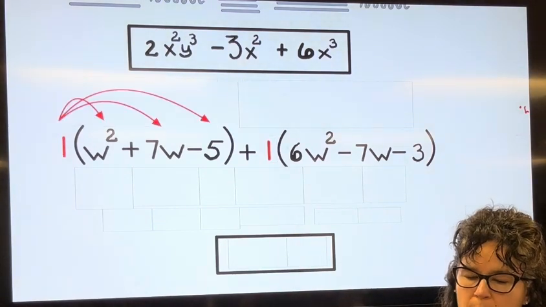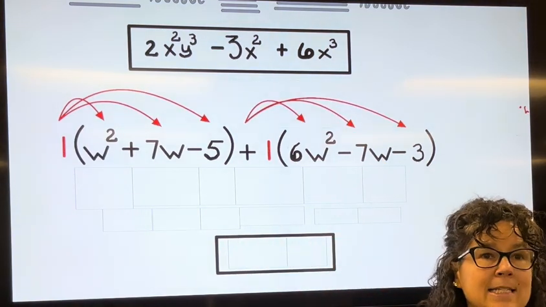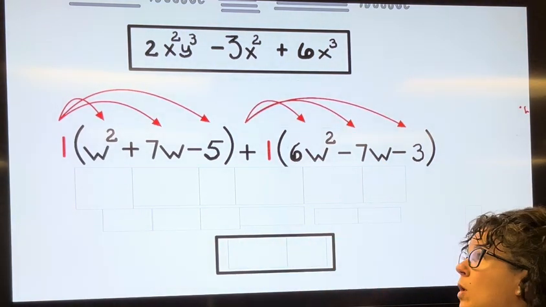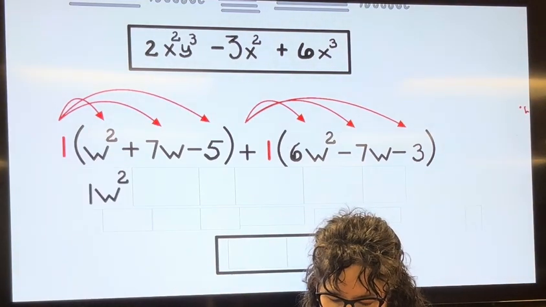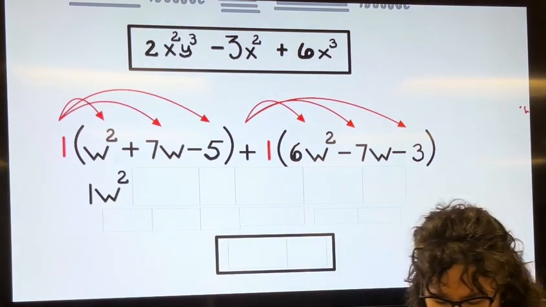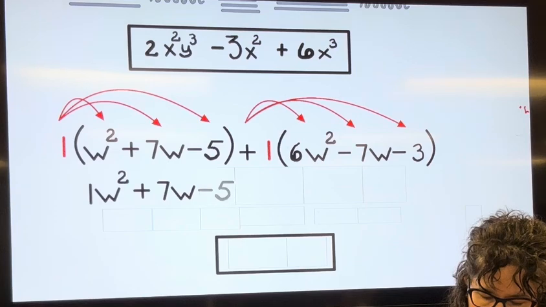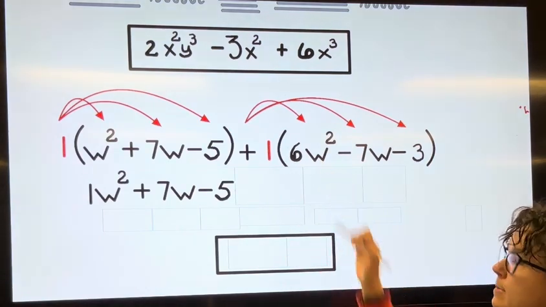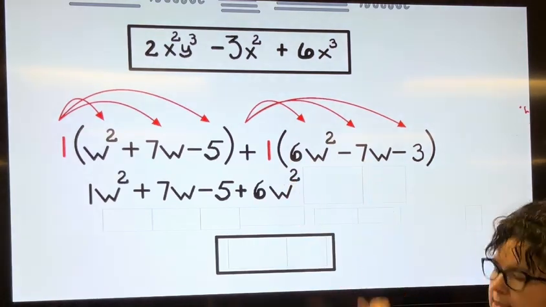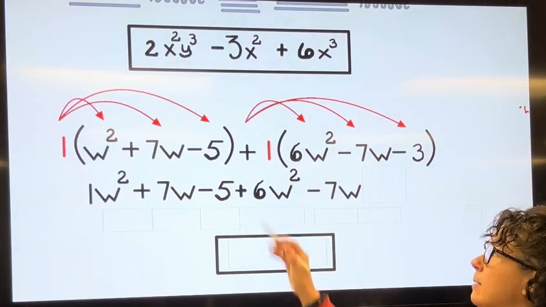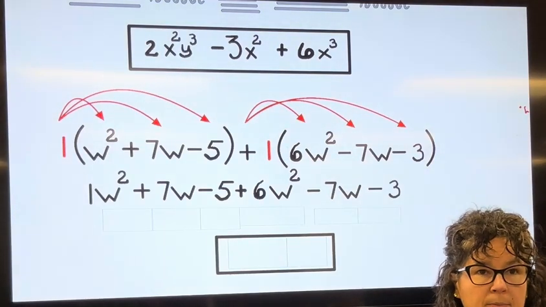And if you distribute a +1 through the sets of parentheses, it doesn't change anything because 1 times w squared is back to w squared. 1 times 7w is back to 7w, and 1 times -5 is -5. 1 times 6w squared is 6w squared. 1 times -7w is -7w, and 1 times -3 is -3.